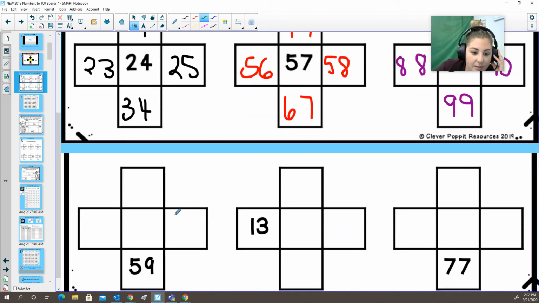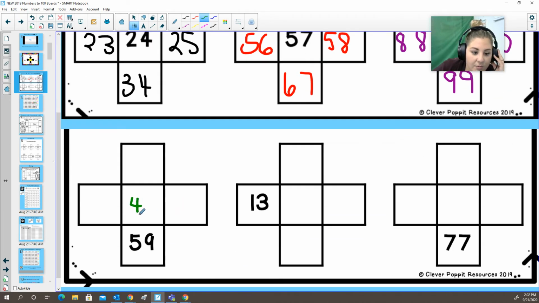So that would be our number in the middle. So what's 10 less than 49? 39. Awesome. So one less than 49? 48. And one more than 49 is 50. Good job. I thought that would be tough for you, but you got it.